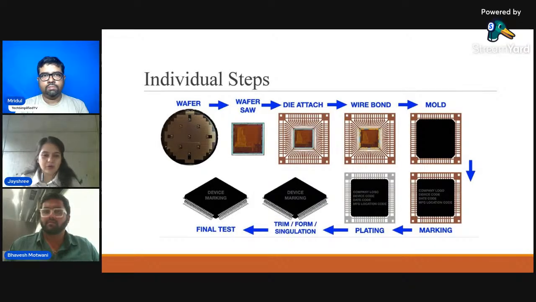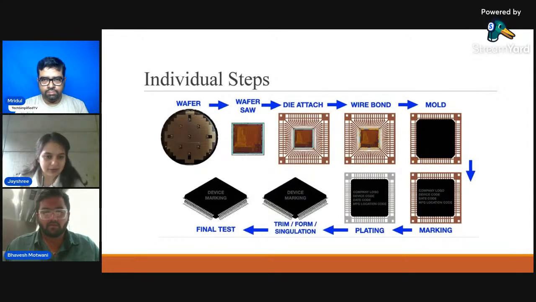Wire bonding is connecting the base layer and the device internally, for electrical connections and thermal conductivity. Then molding, which is basically encapsulation. As we know from computer languages like C and Python, encapsulation means covering something up so that it doesn't get harmed. In this step we are protecting the device from the environment.